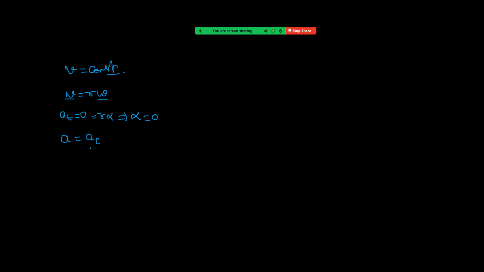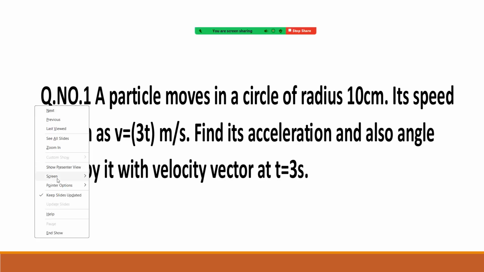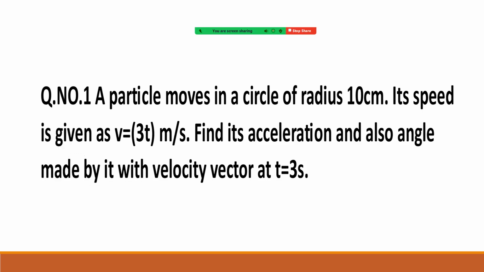Let us now solve problems based on kinematics of circular motion. Let us see the first one. A particle moves in a circle of radius 10 centimeter. Its speed is given as v equal to 3t meter per second.